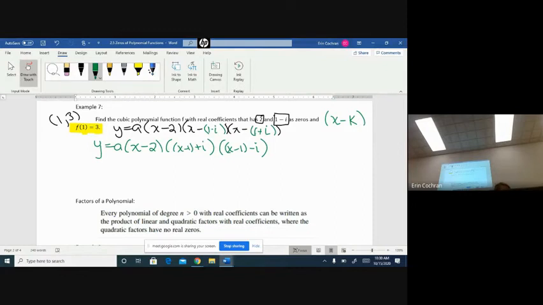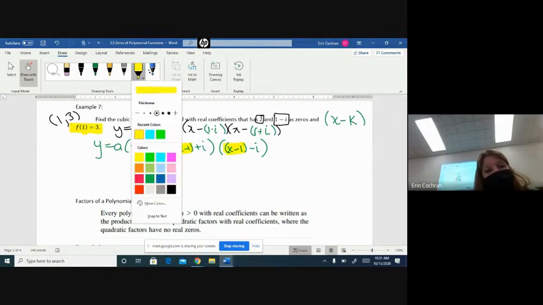Why do you think I put the x minus 1s in parentheses here? If we look at this, isn't this x minus 1? And then we have a plus i, and we have a minus i.